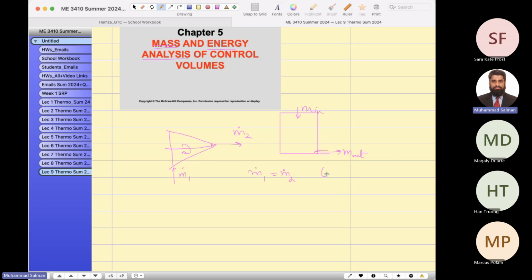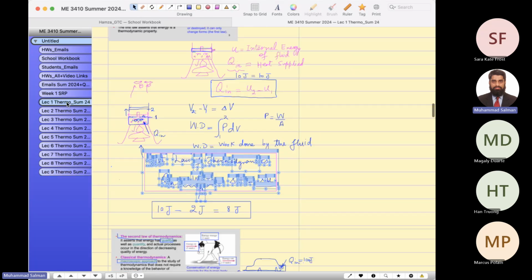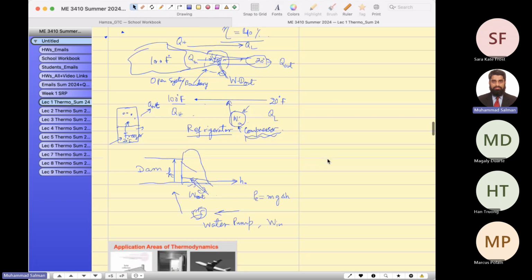Why am I writing m dot? Because it is in kilograms per second, the mass flow rate. And you remember in the beginning of the lecture, what is m dot equal to?